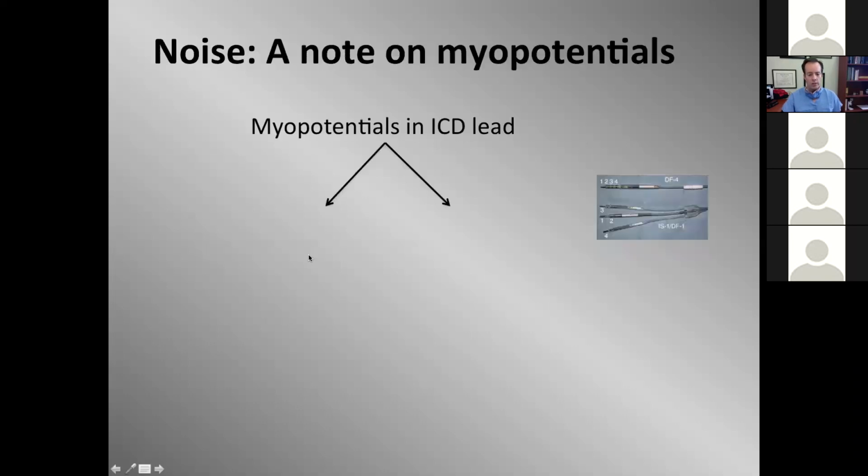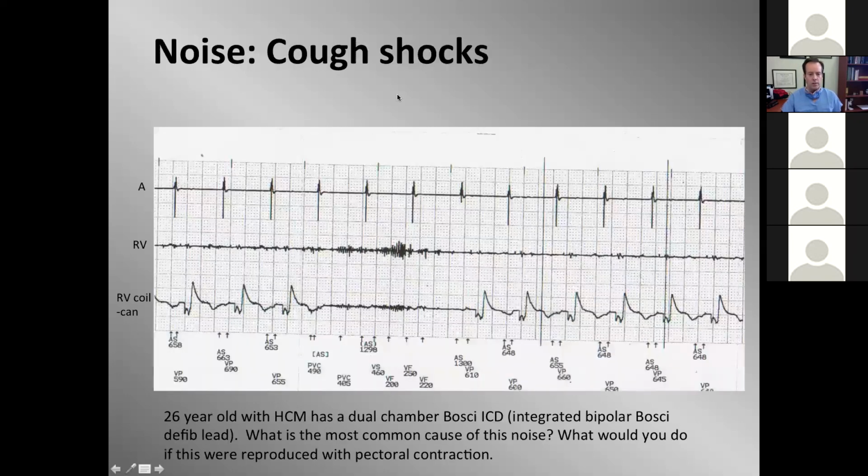This noise, let me show you, is classic myopotential noise. Very high frequency, sometimes waxing and waning, no aliasing, no sine wave appearances anywhere. And it's on the pace sense, as you'd expect, and the RV coil, because in an integrated bipole, the RV coil is part of the sensing circuit.